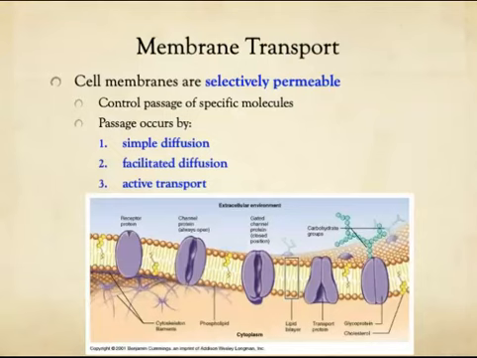So take a look at the drawing at the bottom of the slide for a minute. You can see a section of membrane bilayer depicted here. This is representative of the extracellular environment, the outside of the cell, and this is representative of the inside of the cell.